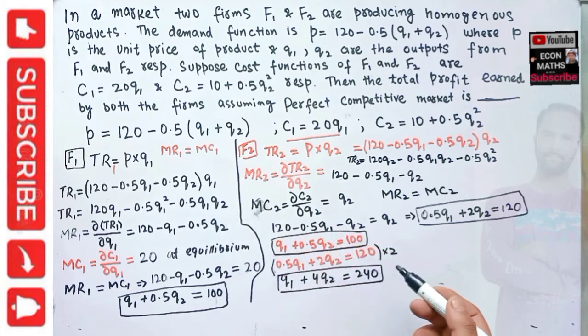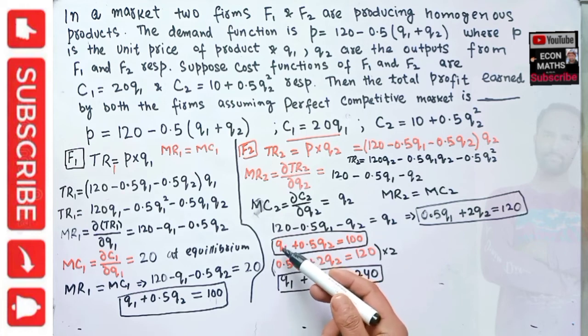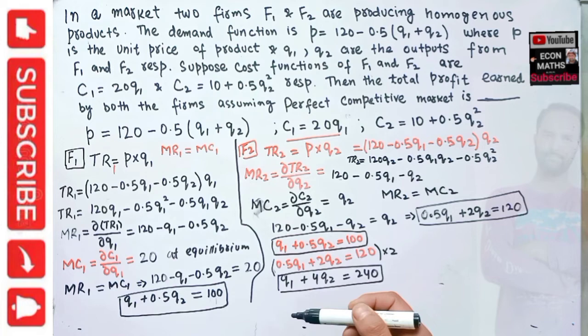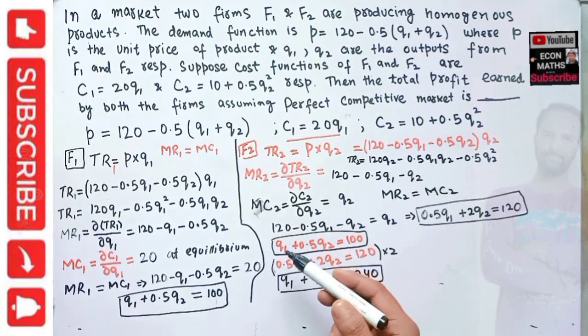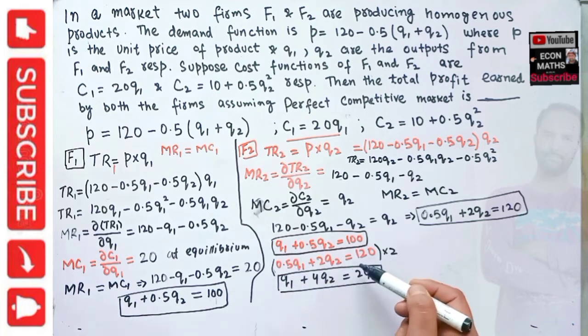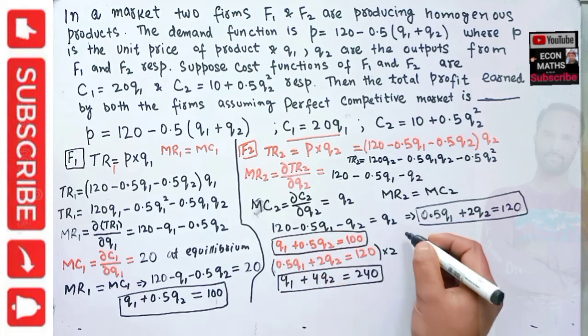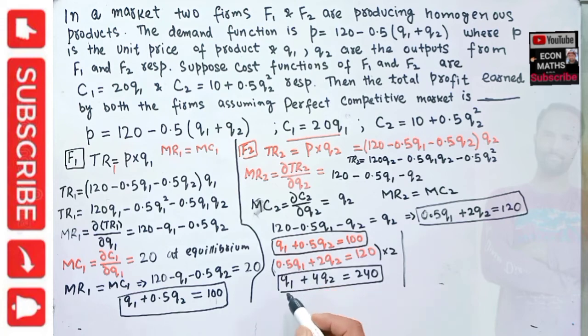My endeavor was to make the coefficient of Q1 the same in both equations, so I made the coefficient of Q1 in the second equation the same by multiplying both sides by 2. Now we can subtract these two equations.